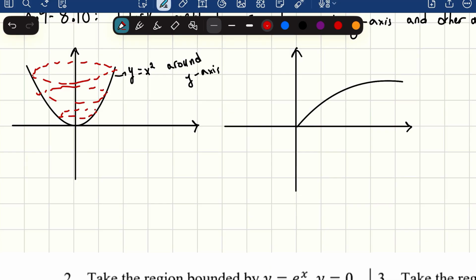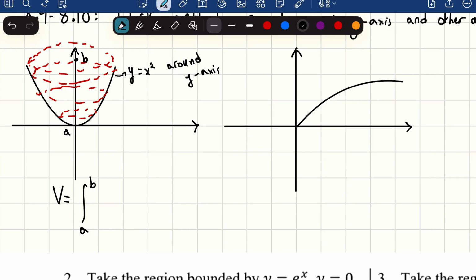As we are turning the function in this manner, we are creating the solid that we need. The volume of such a solid is represented by an integral from a to b on the y-axis.